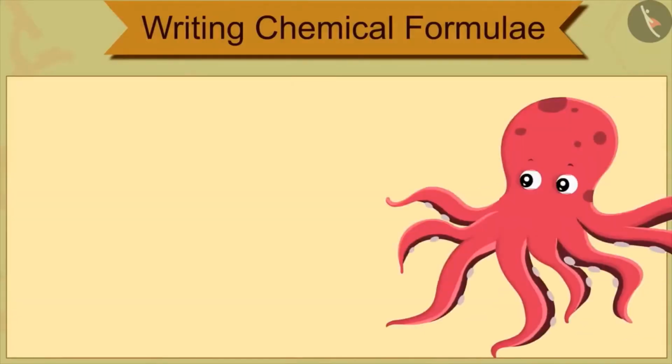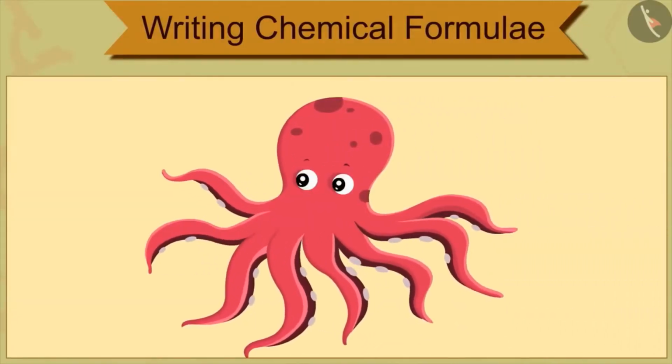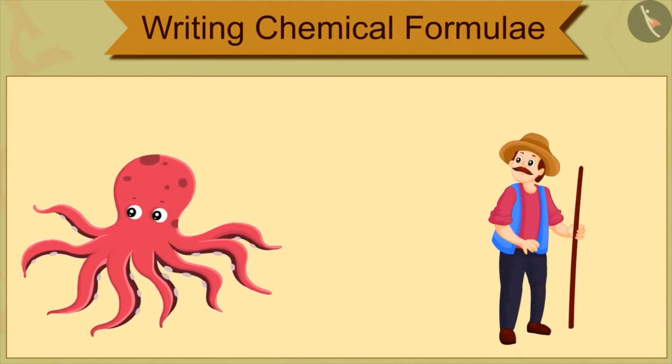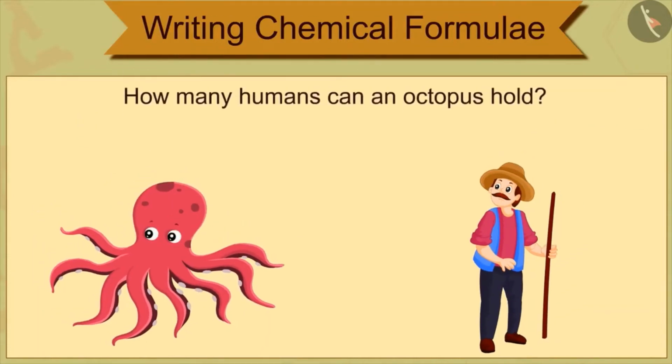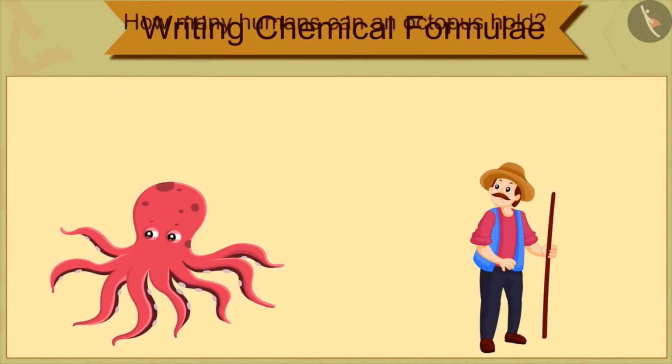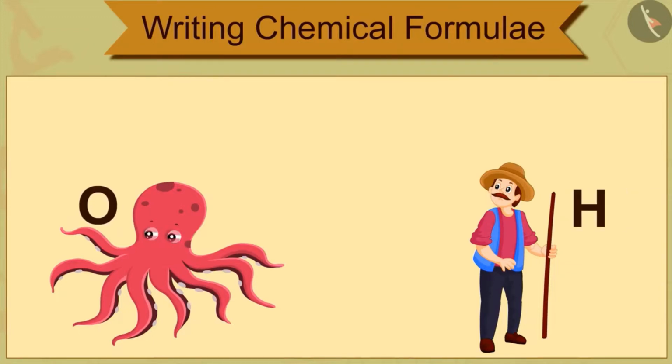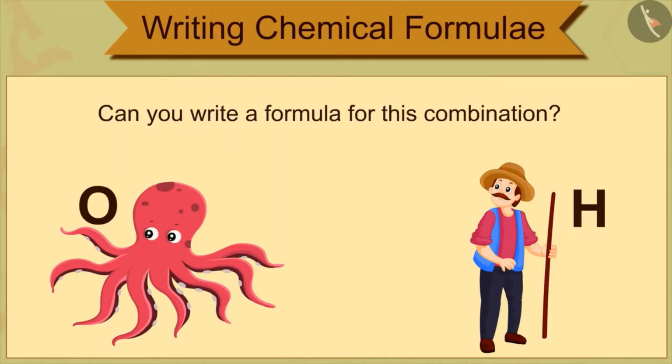Imagine if an octopus is to hold some humans in such a way that its 8 arms are used with both arms of humans, how many humans can an octopus hold? If we represent octopus as O and humans with H symbols, can you write a formula for this combination?